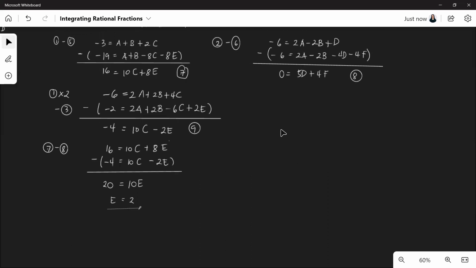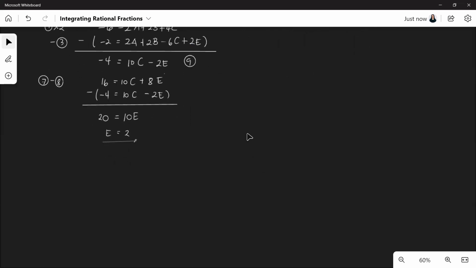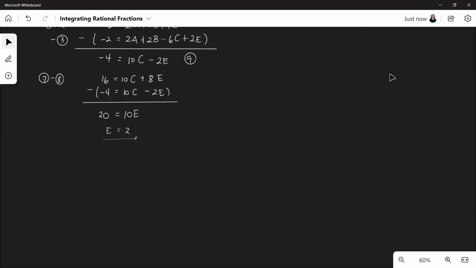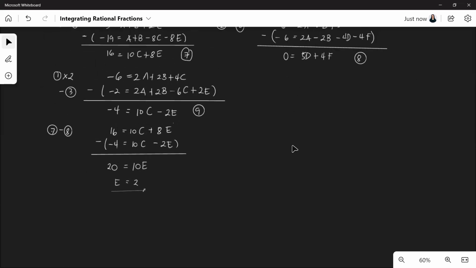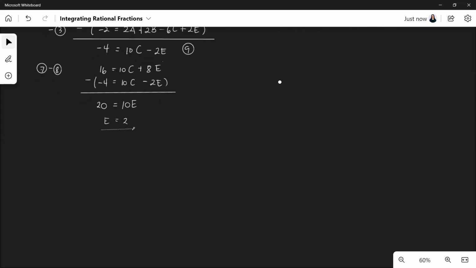From that value of E, we can now solve for C by using either equation 7 or equation 9. I will use equation 9. They are both 10C, so it's either of the two.